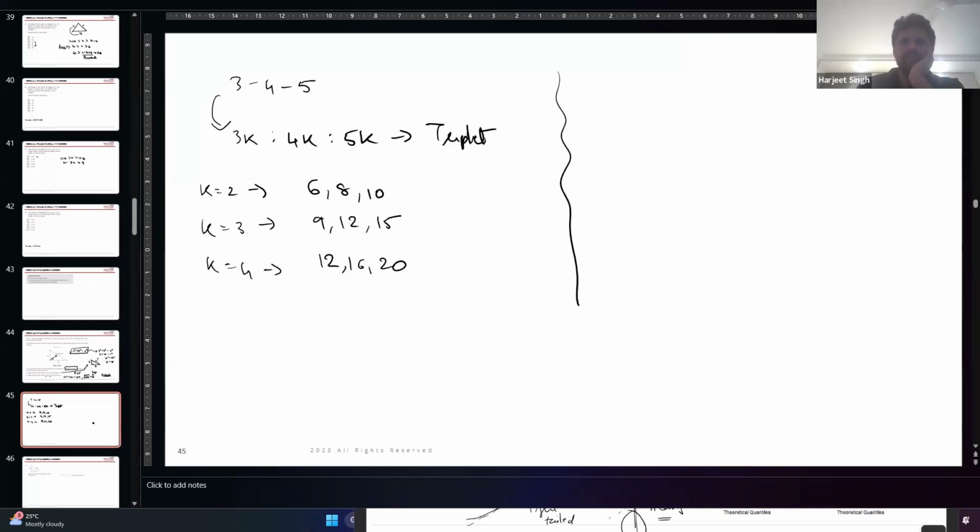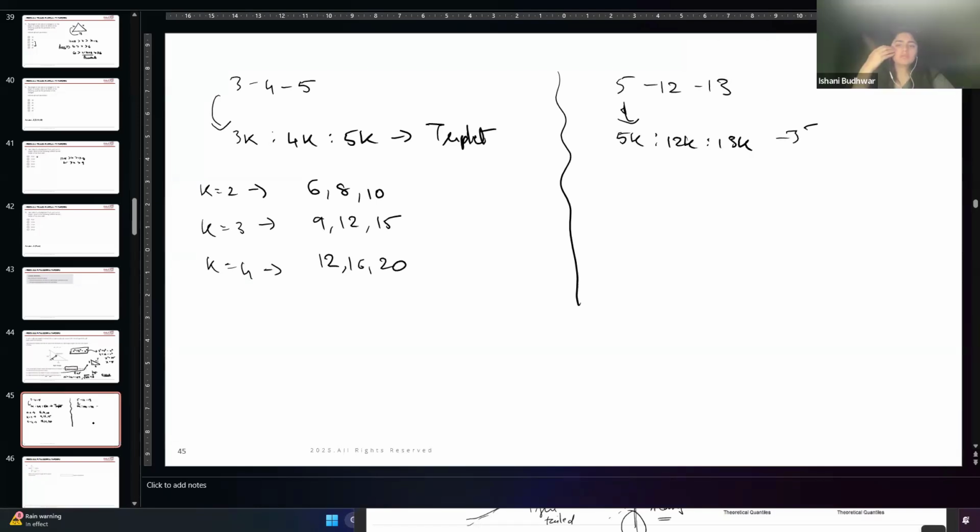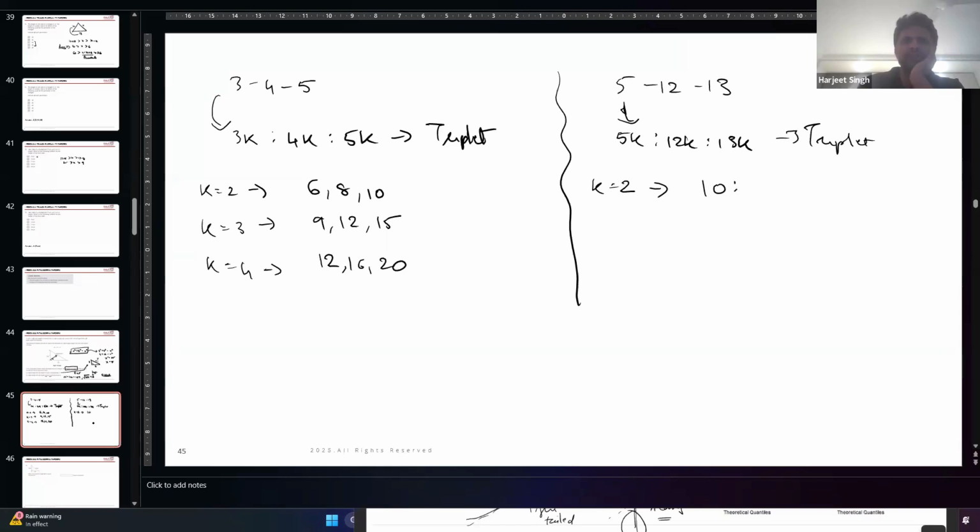Similarly, we looked at the other triplet, which is 5, 12, 13. So they are in the ratio of 5k is to 12k is to 13k. That's a triplet. And hence, all the other multiples of k also become relevant triplets. When k equal to 2, it becomes 10 is to 24 is to 26.